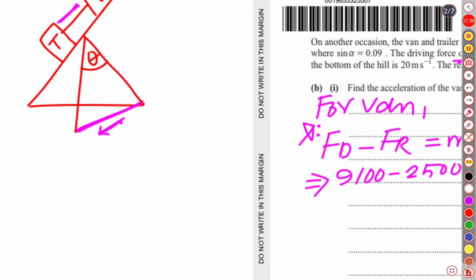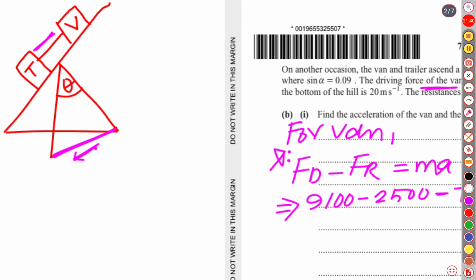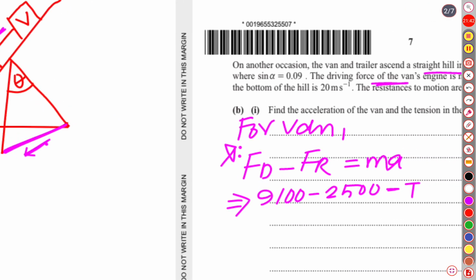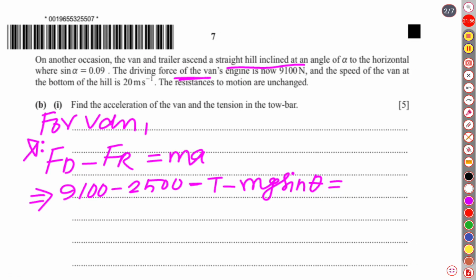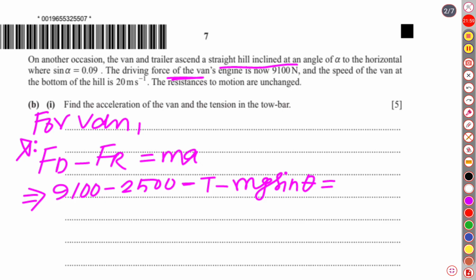So what will be the component of weight along the hill? We know it is mg sine theta. The right side is our mass into acceleration. How much was our mass? Our mass was 4500. We know that it is 4500 into acceleration, let it be a.